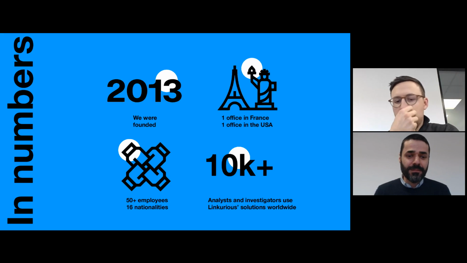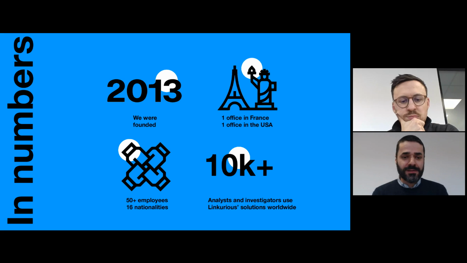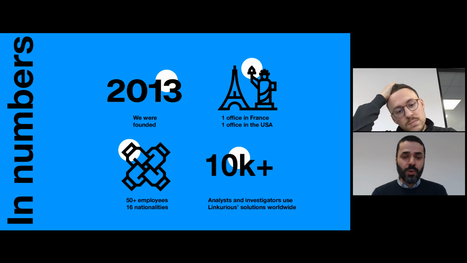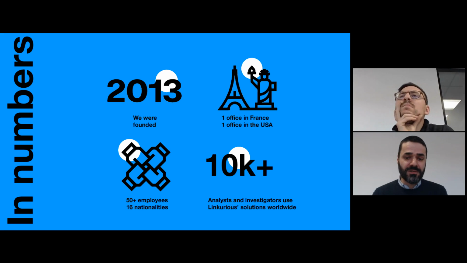Let's get started. First, maybe a quick few words regarding the company. Linkurious was created in 2013. We have two offices, one in France and another one in the US. We are a team of 50 plus employees, and we are serving more than 10,000 investigators and analysts on a day-to-day basis using our products to conduct complex investigations.